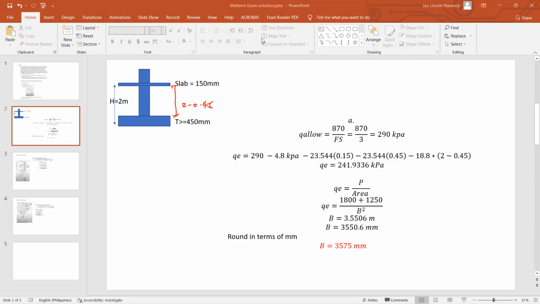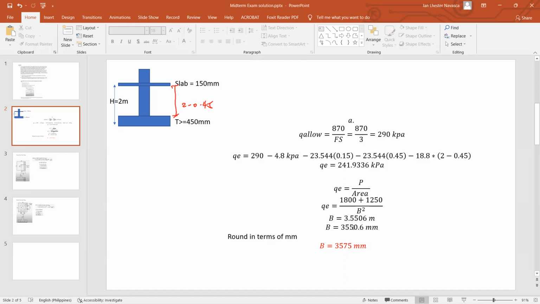Okay, and also to determine the area or the width. So gagawin lang natin Q sub E is equals to P over area, whereas your P is the load or the service load that your footing will carry. So according to the problem, you have dead load and live load. So basically the load combination is dead load plus live load, which is 1,800 plus 1,250 over the square area, which is B squared. So therefore, you have 3.5506 meters.